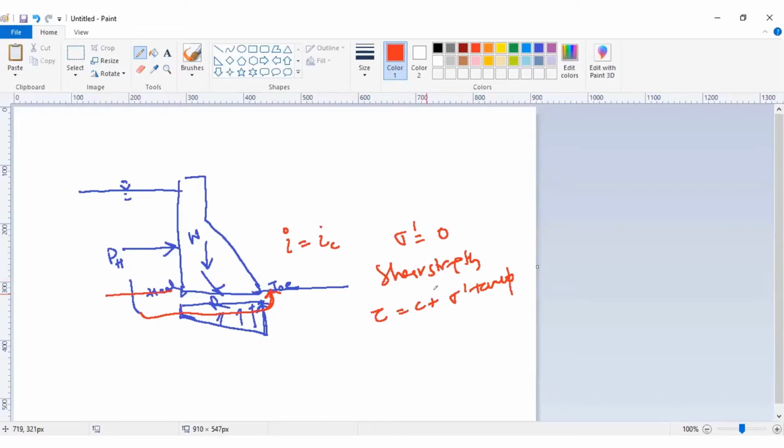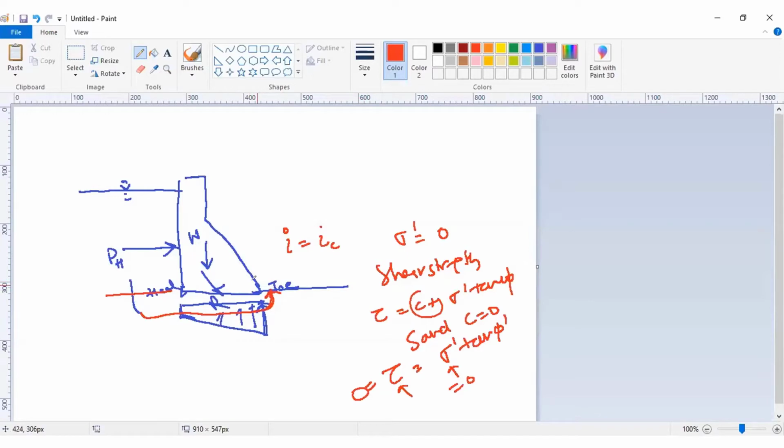Suppose you ignore this, or if the material is a sand material, then for sand c is zero. So finally tau is sigma dash tan phi dash. And if sigma dash, the effective stress, becomes zero, then the shear strength of the soil also becomes zero.